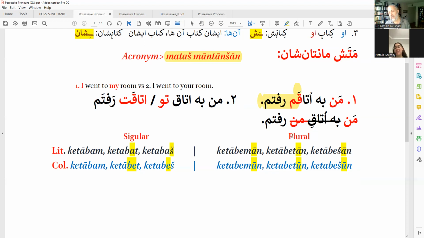And the second optional phrase here that I just highlighted with crossing through is wrong. So you cannot say man be otaq man raftam. Reason? Because you are repeating the same subject twice.